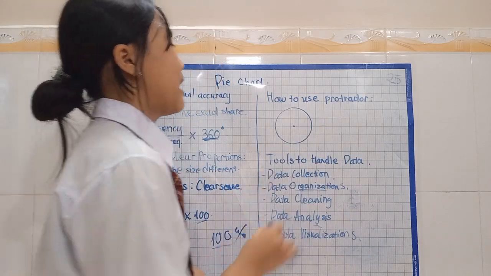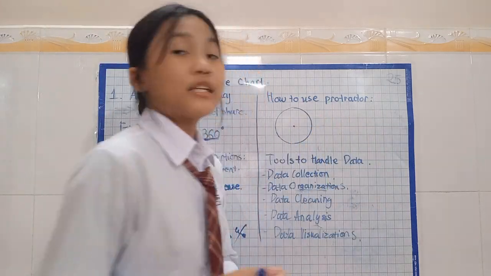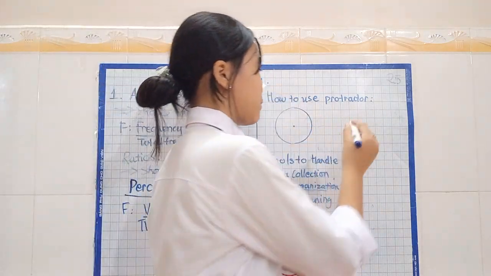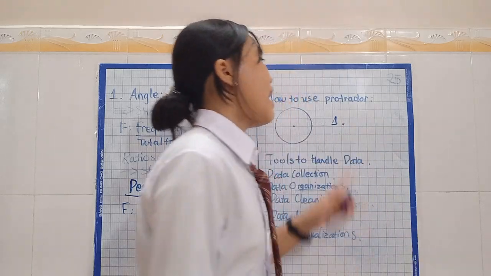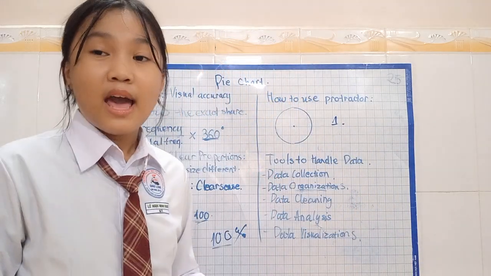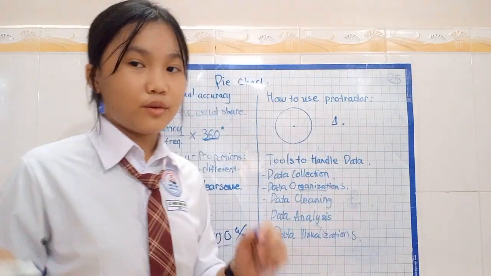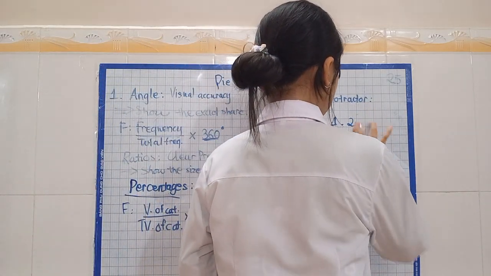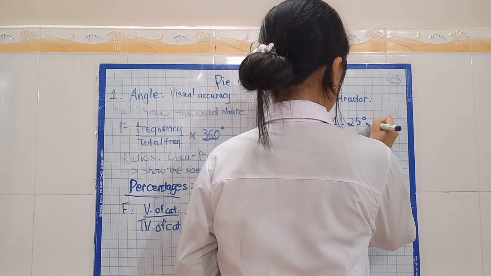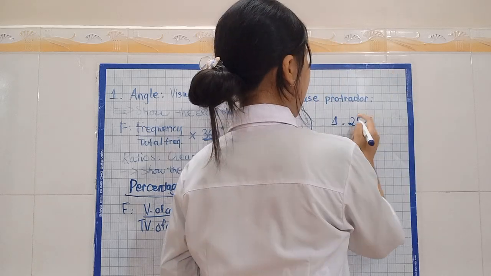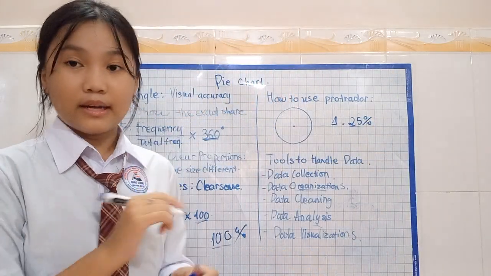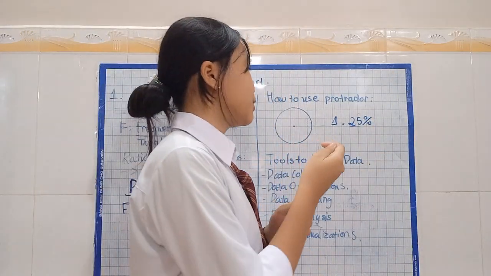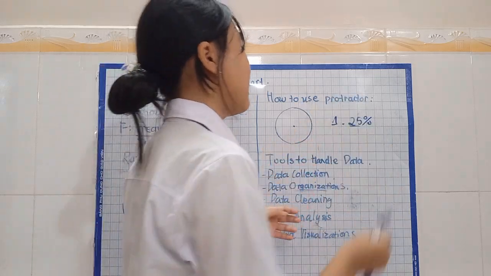So now let's look at how to use a protractor. We're going to have just one characteristic example. First we're going to calculate the percentage. So our percentage is 25%. Now we are going to need to transform it into an angle.